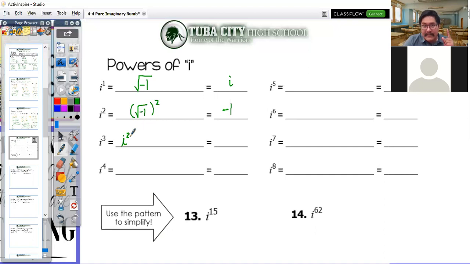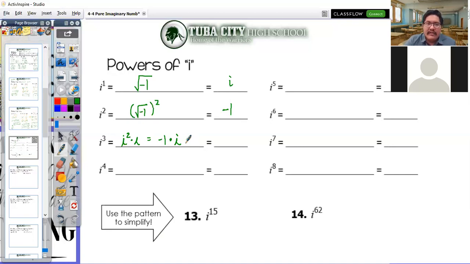The good thing about this one is that we don't have to derive so much of it, meaning we don't have to figure it out ourselves, because we have it right here. We know that i squared is negative 1 times regular i, which is going to stay i. So negative 1 times i is just going to be negative i.